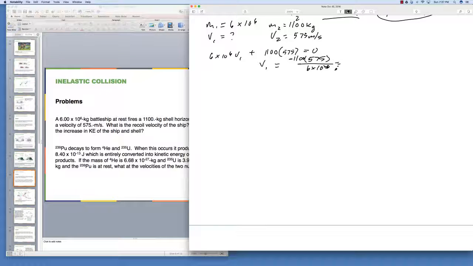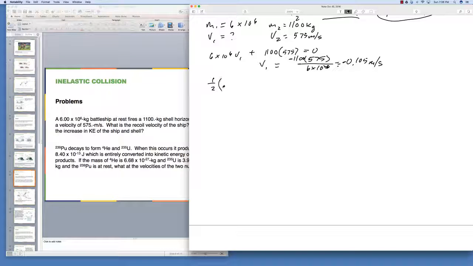And this is going to be a negative number because it has to be in the opposite direction. If you do the math here, you get 0.105 meters per second. And it's negative because it's in the opposite direction of the shell. Now, before, neither of these were moving, so the initial kinetic energy was 0.